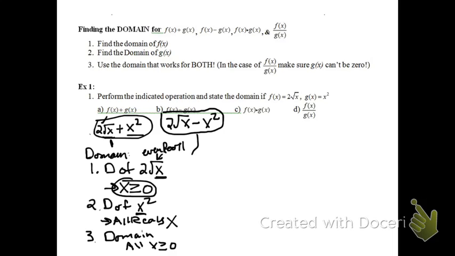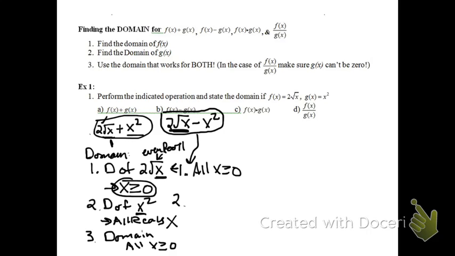Now, if I were going to find a domain, I'd have to follow the same steps. Step 1, wouldn't that be exactly the same as what we did for the previous example for f of x plus g of x? I'd have to find the domain of f of x, and I would still get all x values bigger than or equal to 0 because f of x is the same function. It's still 2 root x.